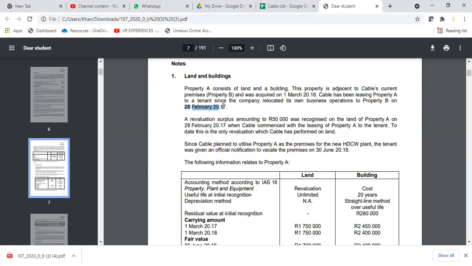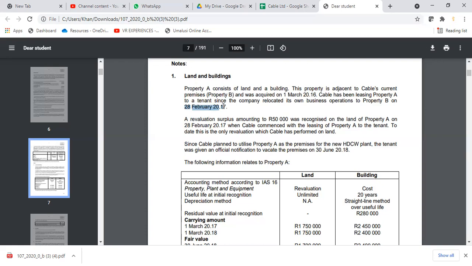Because a topical issue regarding fixed structures and investment property is the fixed structures that mobile operators have. For example, Vodacom, MTN, Cell C and all of those guys, in order for them to have network, they take their equipment, the satellite type thing, and attach it to some structure.